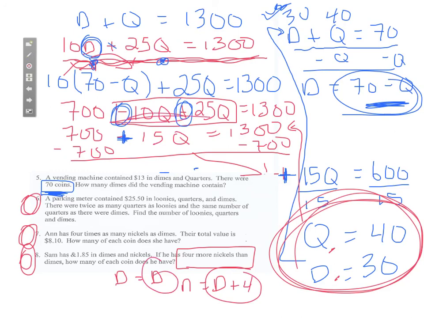Every time it's going to be the same. You want to make sure that you have only one variable in your equation. In number 7, you're going to have D is equal to dimes, and N is equal to 4 times as many nickels as dimes. So whatever dimes is, we times it by 4. Here are my two variables, D and 4D.